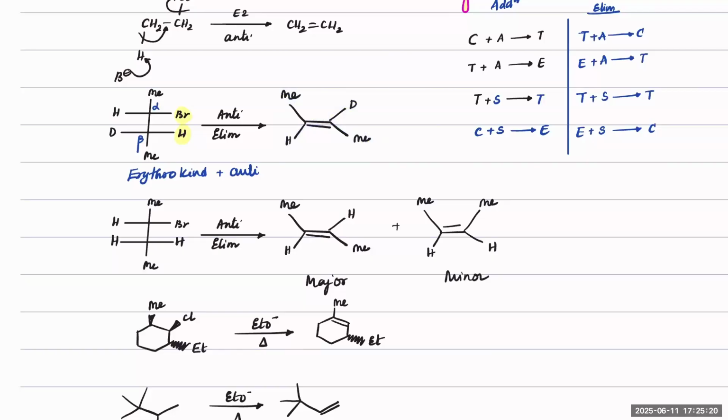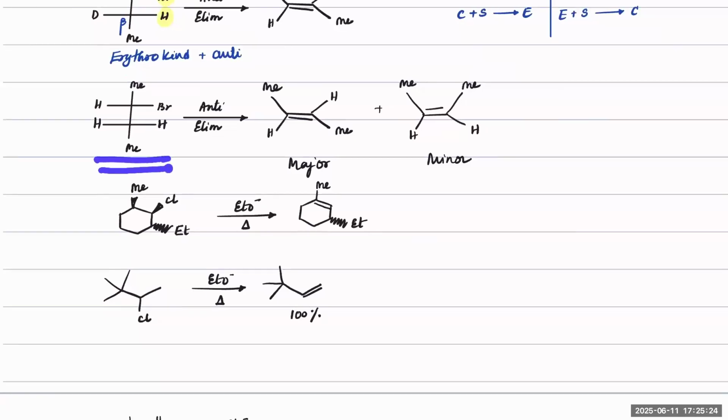Now if you have this molecule here, Br and H, if I remove that, same thing. This Br, this methyl should be opposite, H should be opposite. This is the major product, and both of them are hydrogens. So I can get this minor product also. Okay, where I could eliminate this Br and this H also, right?